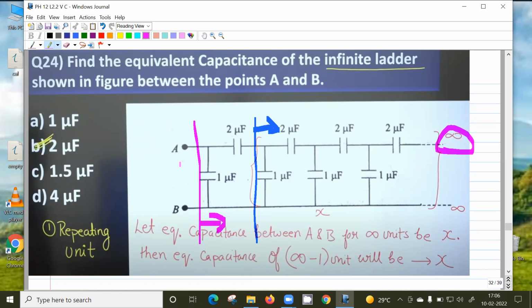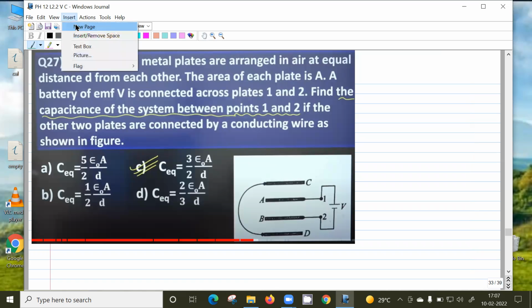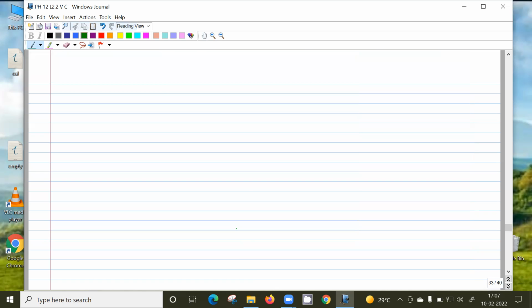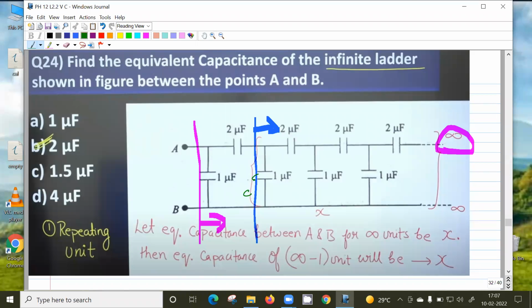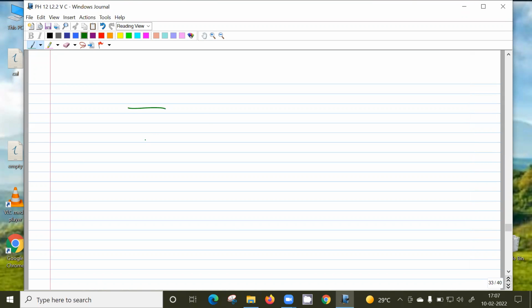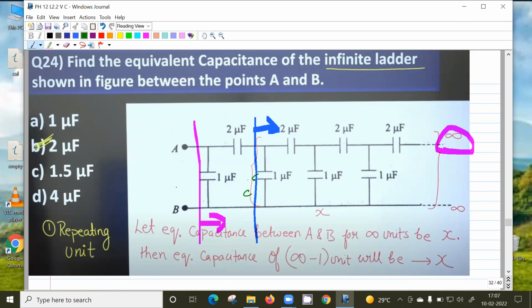Okay, so if I call the capacitance across this point C, then the whole thing I can replace by C. So this circuit I can redraw across A and B. So this is A, this is B. So 1 and then 2.